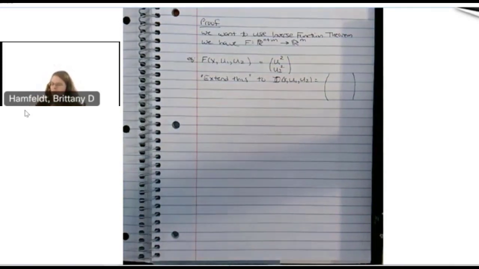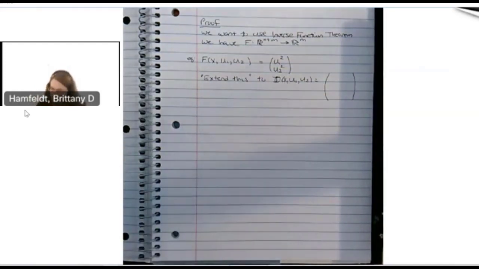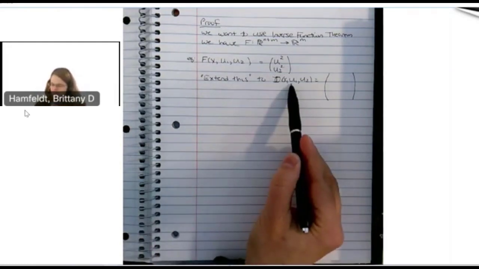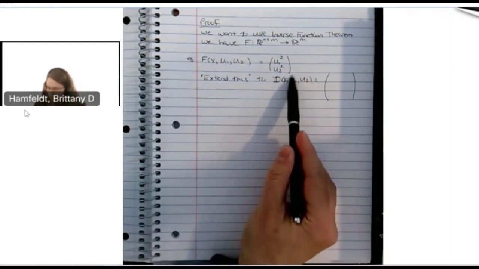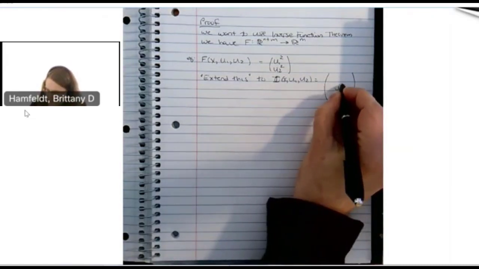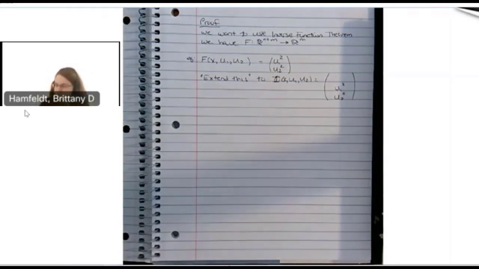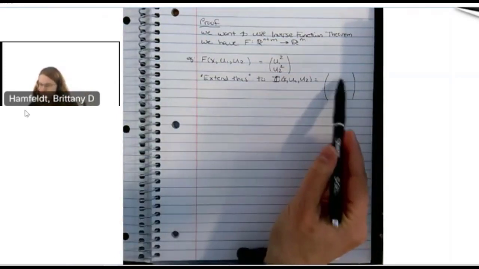So in this example, we need 1 extra output. In general, we'll need n extra. We have a number of equations that corresponds to these, u1 squared and u2 squared in this case, so probably we should leave those alone because we still want to be saying something about this function at the end of the day. But we need to put something here.